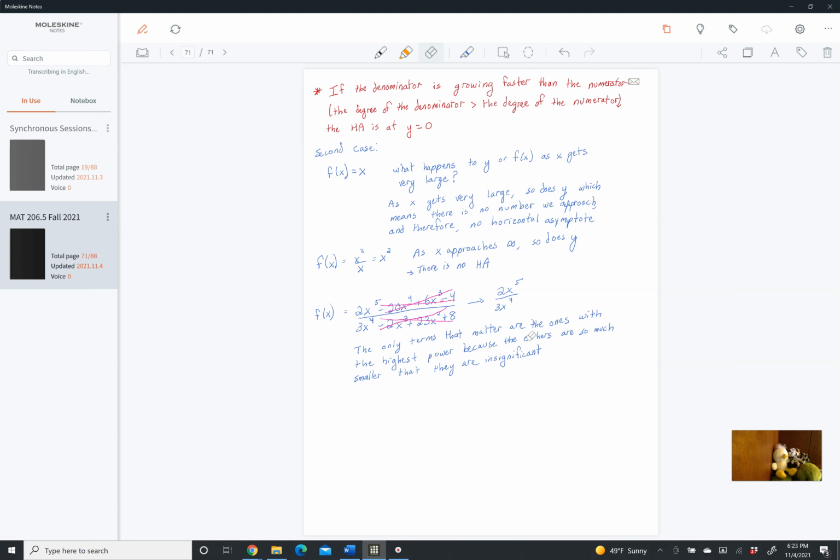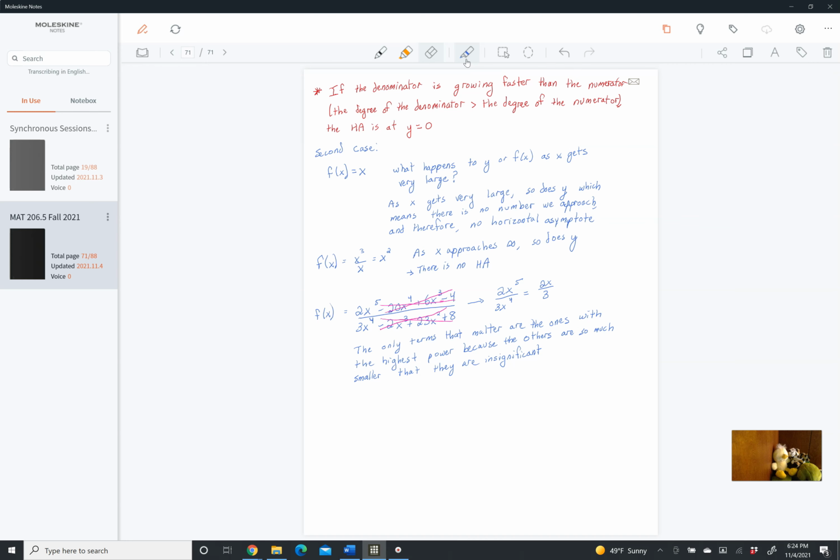Okay. Now, why is this a big thing? Well, if we simplified this, this simplifies to 2x over 3, which means that we have a very large number over 3. Well, a very large number over 3 is still a very large number.